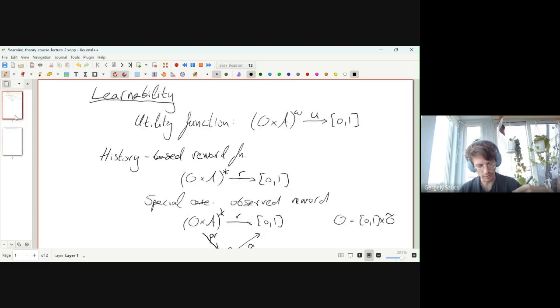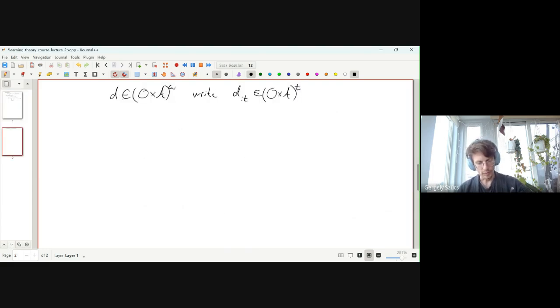I should ask if there are any questions about this first page. This is just some notation. We'll write D sub T for the part of the destiny that is the first T time steps.